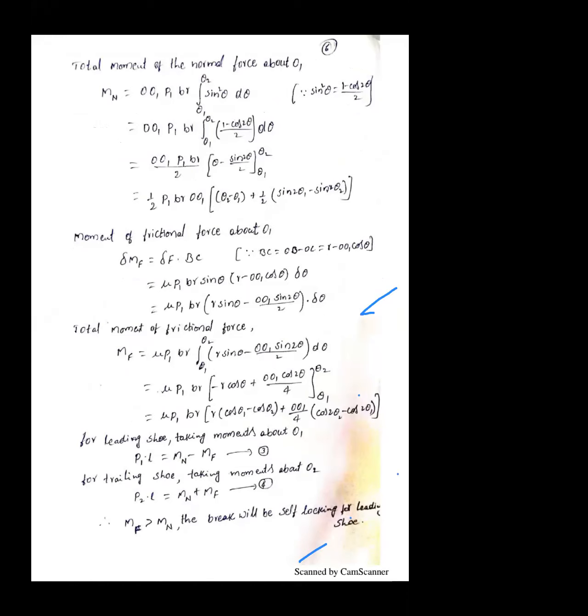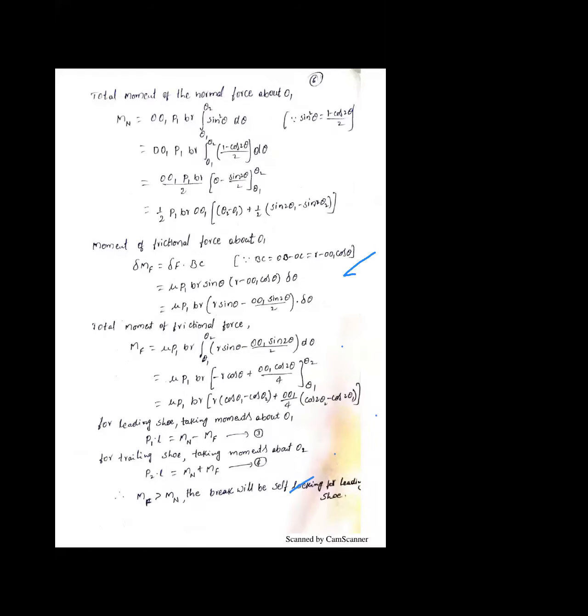There is a formula: sin square theta is written as 1 minus cos 2 theta by 2, or cos 2 theta equals 1 minus 2 sin square theta.